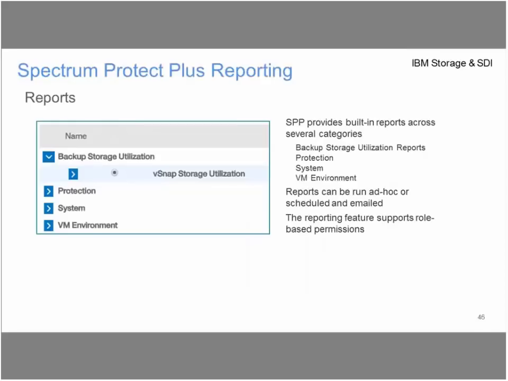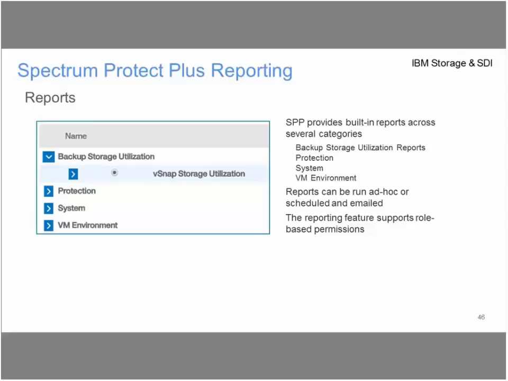And finally, Spectrum Protect Plus reporting. Spectrum Protect Plus provides a set of default reports that you can run or schedule and email automatically, right? These built-in reports are across several categories: backup storage utilization, protection, the system itself, the VM environment.